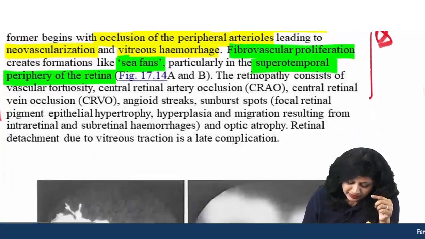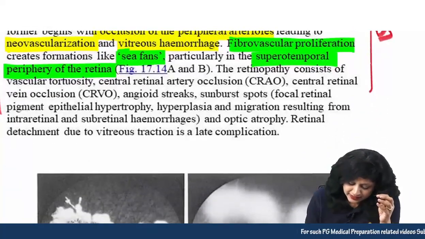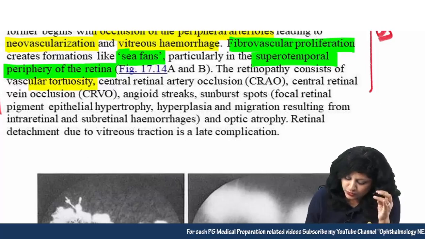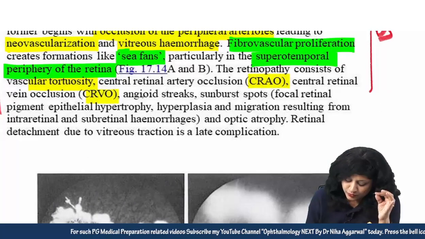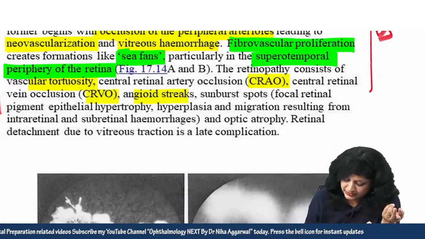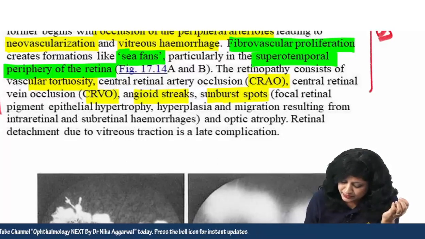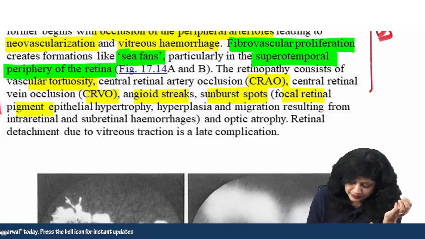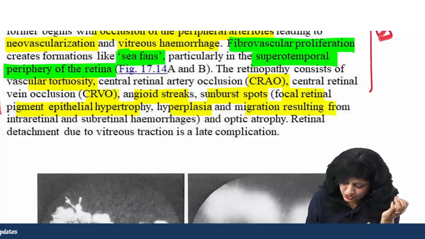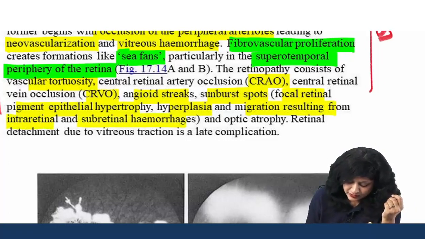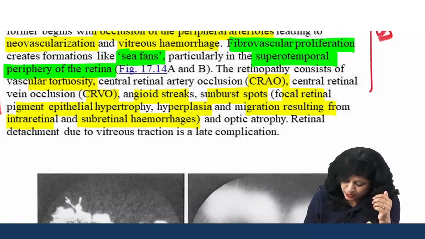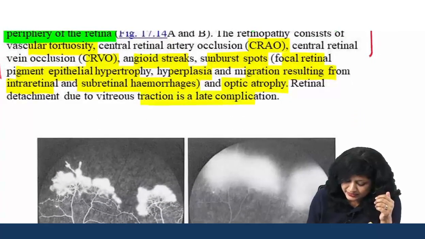This retinopathy can consist of tortuosity; we have CRAO, CRVO, even the angioid streaks that we have discussed. We have sunburst spots, which are focal retinal pigment epithelial hypertrophy, hyperplasia and migration that can lead to intraretinal as well as subretinal hemorrhages. We also have optic atrophy. Retinal detachment can also be there, which is a late complication.